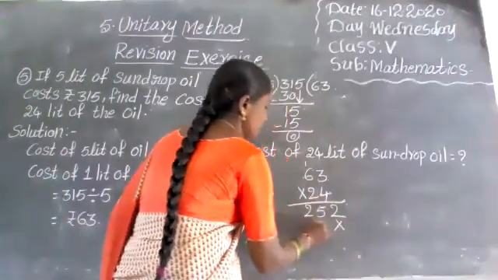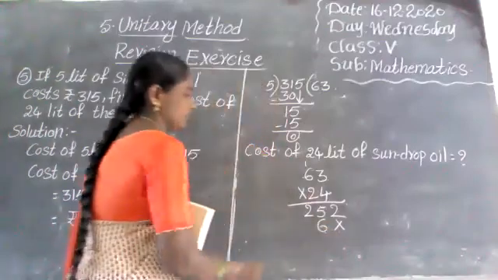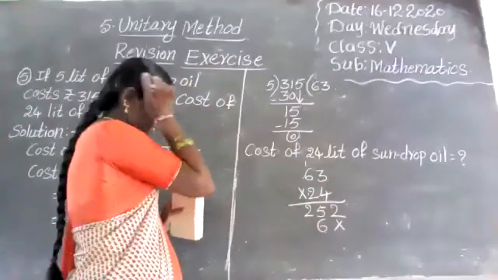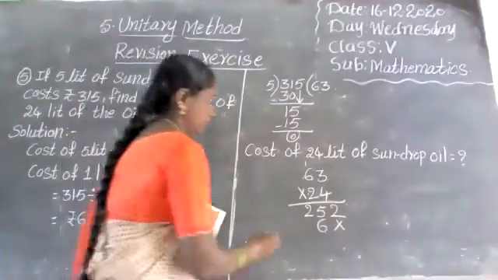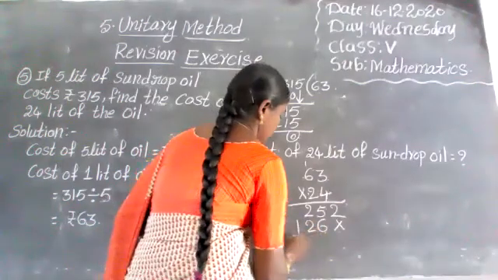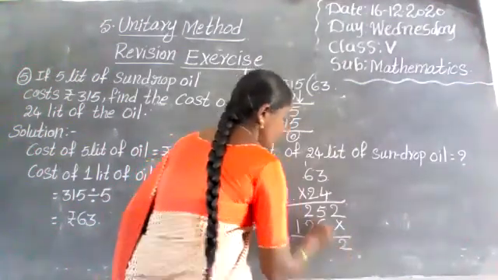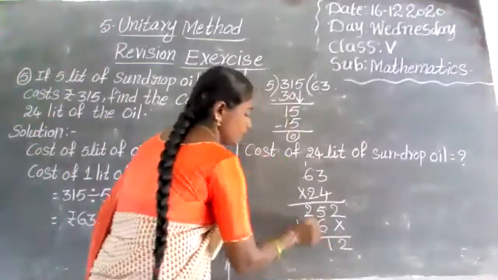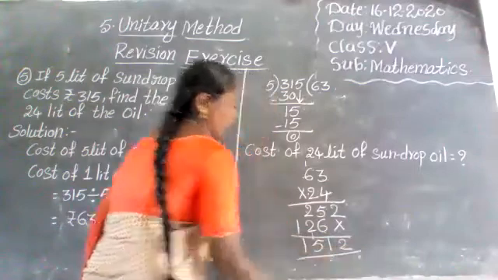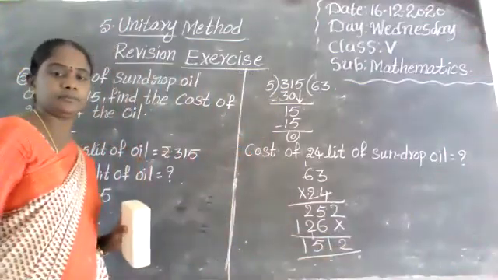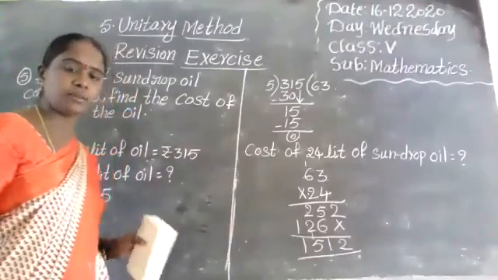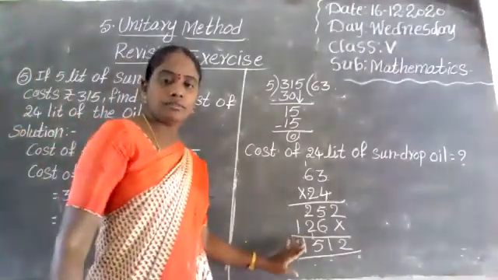Next, 2 3s are 6. 2 6s are 12. 5 plus 6, 11. 2 plus 2 plus 1, 5, 1. 1512. Not 2112, that is wrong, Amma. 1512.